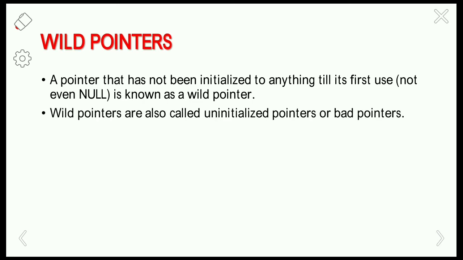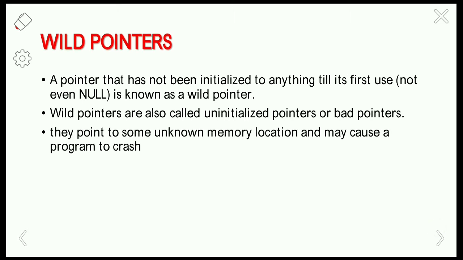Wild pointers are also called uninitialized pointers or bad pointers. They point to some unknown memory location and may cause a program to crash. Here the pointer variable is declared, but if you leave it as it is, then it may point to any address location in the system that will eventually lead to the crash of the program.